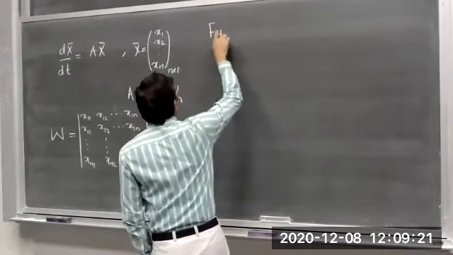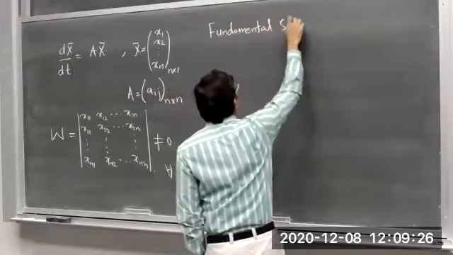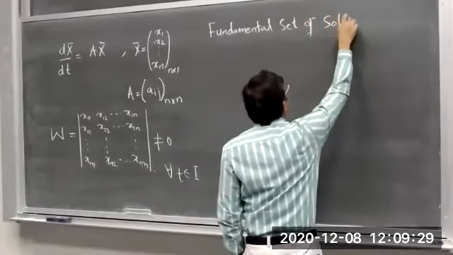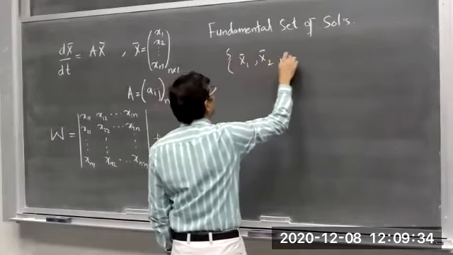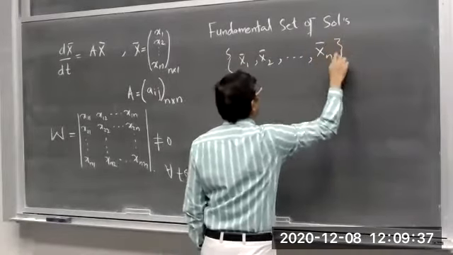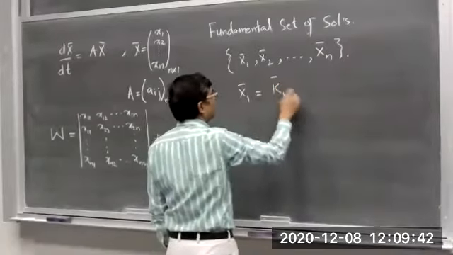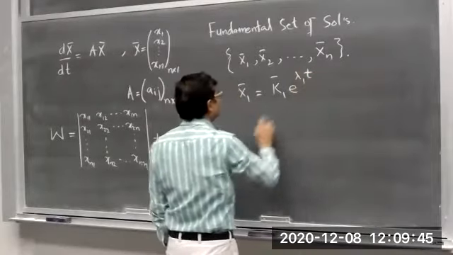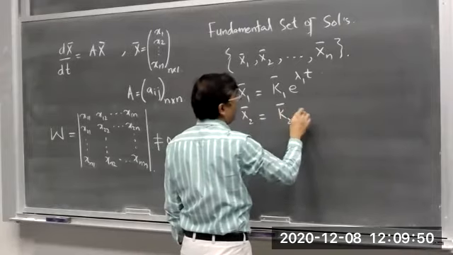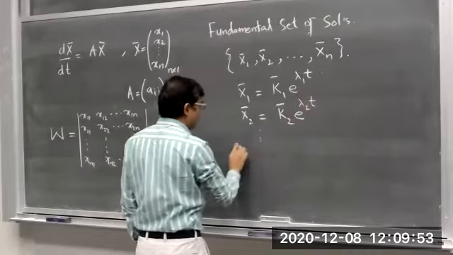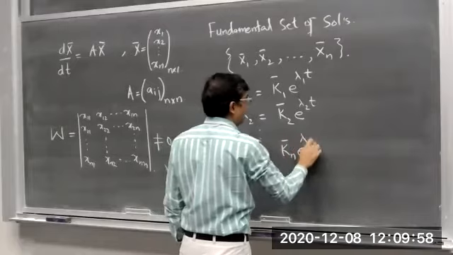The fundamental set of solutions was x1, x2, and so on, xn, where x1 was some vector k1 times e raised to the power lambda 1 t. x2 was the vector k2 times e raised to lambda 2 t, and so on, xn is equal to kn e raised to the power lambda n t.